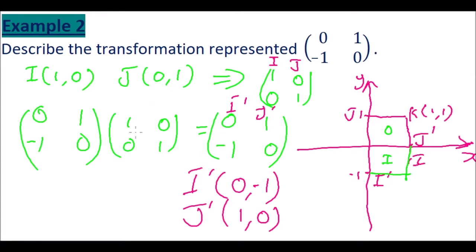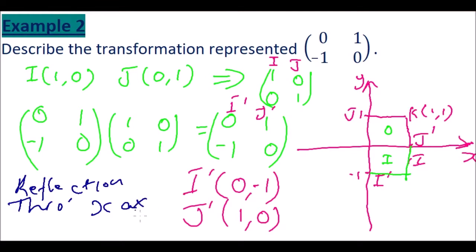So we conclude that the matrix represents a reflection through the x-axis, or y is equals to 0. So you can see very easily we have used our unit square to identify the transformation represented by this matrix.